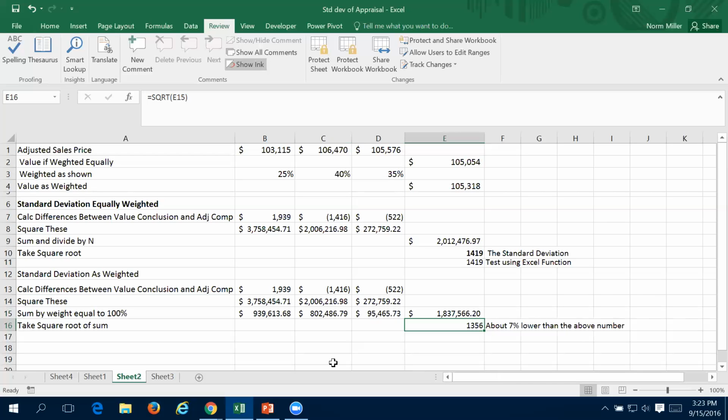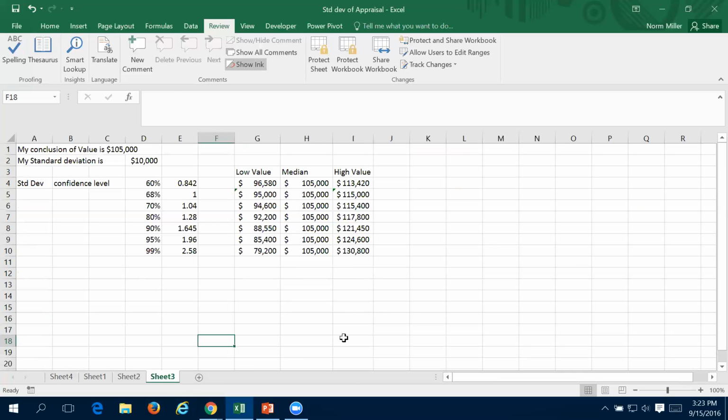And let me show you the implications of these results. So let's go to the next sheet where we're going to bring in these standard deviations and express the confidence level that we have that we know the true value of this property. The conclusion of value was $105,000.